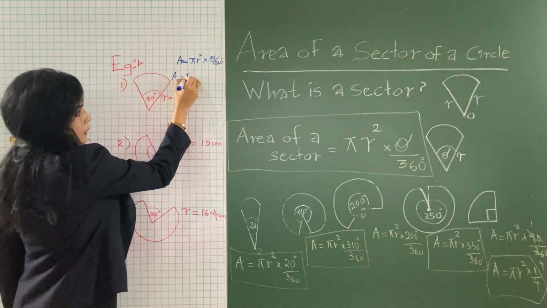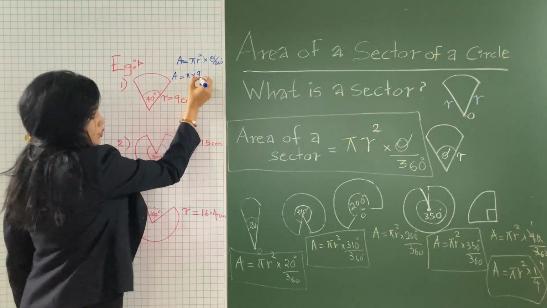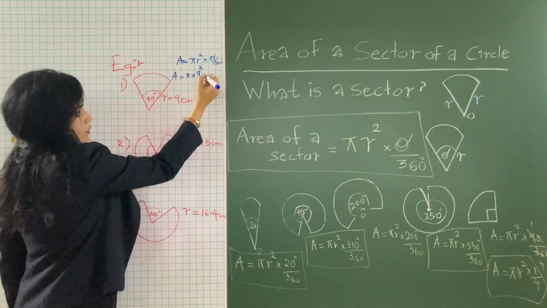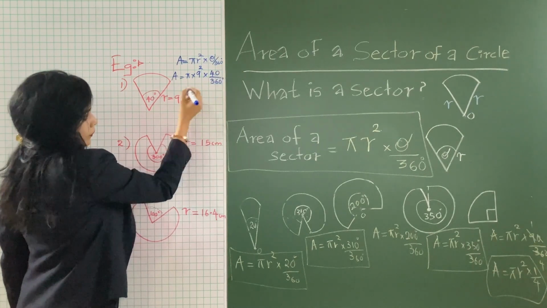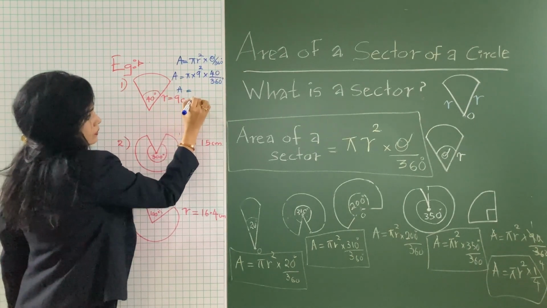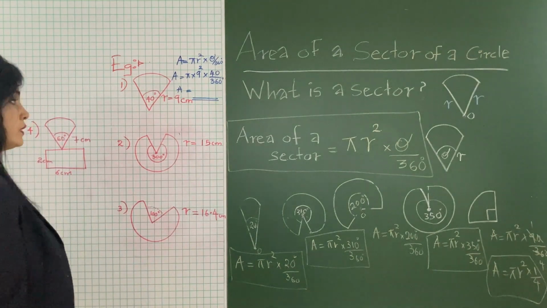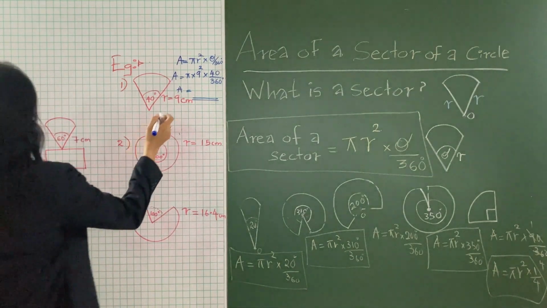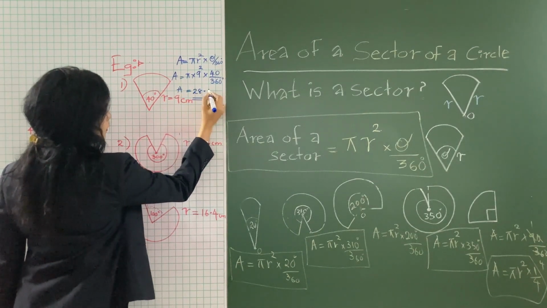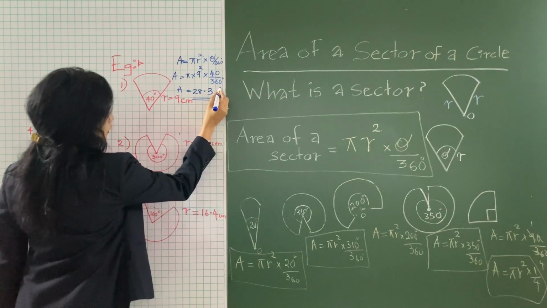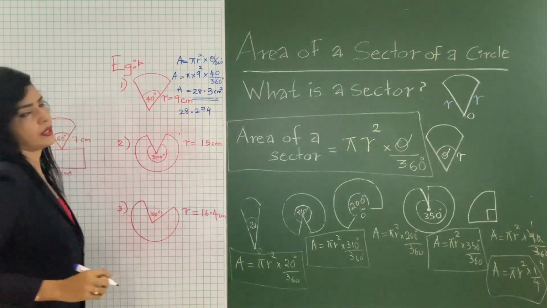Area is equal to pi into, what is the radius? 9 centimeters, substitution. Theta is equal to 40 out of 360. So area is equal to... Get me the answer for one decimal place. Okay.